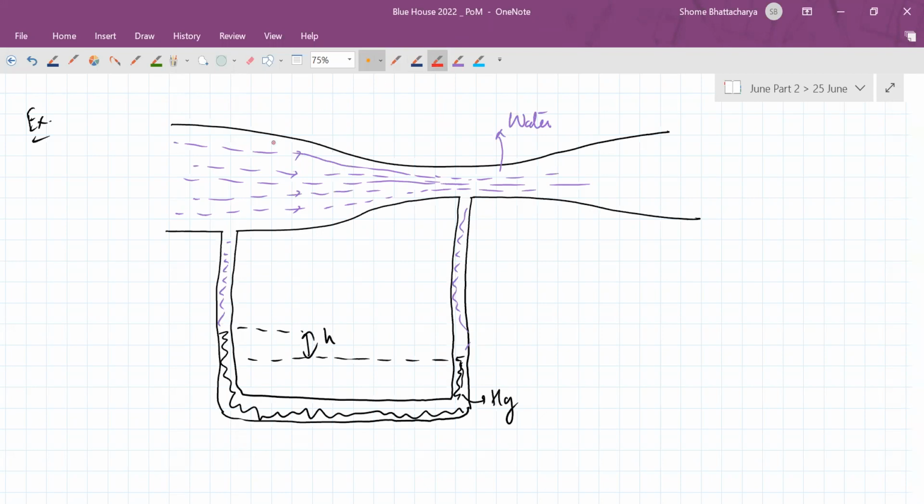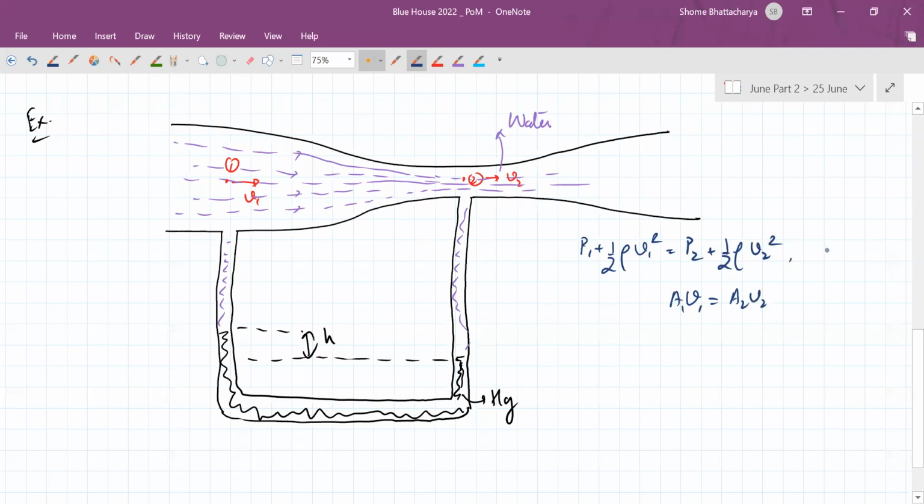Okay. So again, if we take this point as point 1 and this point as point 2, then P1 plus half rho V1 square is equal to P2 plus half rho V2 square, where A1 V1 is equal to A2 V2.